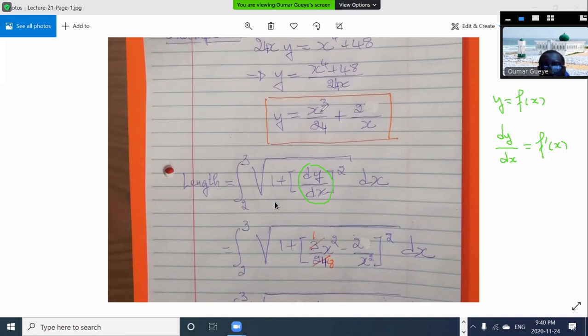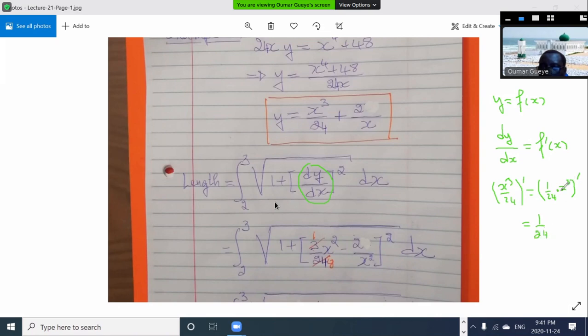So from here now, when you calculate the derivative, differentiating x cubed over 24 is the same as calculating the derivative of 1 over 24 times x cubed. So when you differentiate it, as you know, you don't have to differentiate the constant 1 over 24.